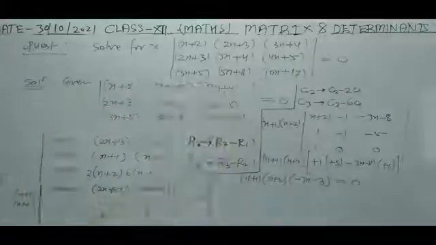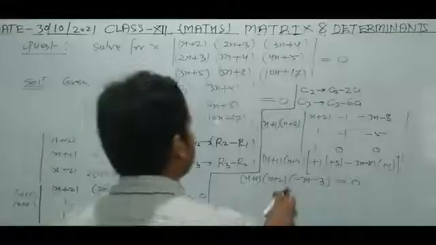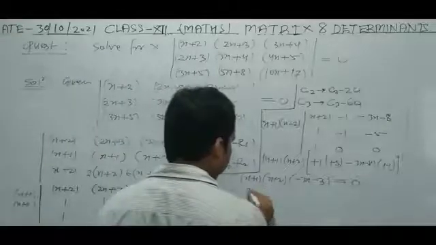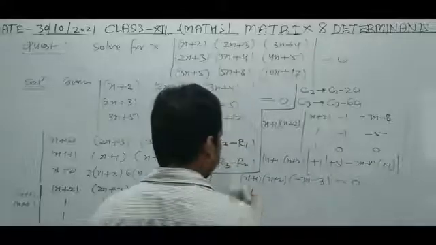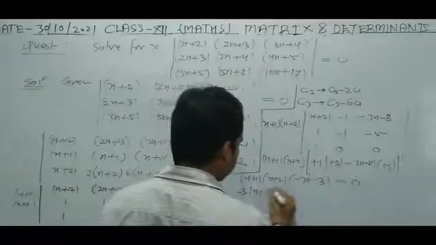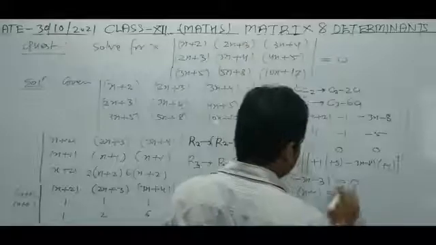And we can simplify easily. x is equal to minus 1, x is equal to minus 2. When you take minus 3 common, x plus 1 will be here. So you will get x is equal to minus 1, or these steps we can write also: minus 3 in bracket, x plus 1, x plus 2 and x plus 1 is equal to 0.